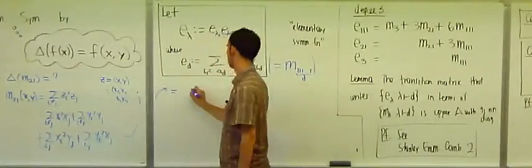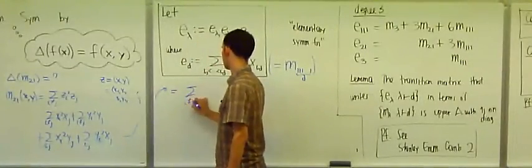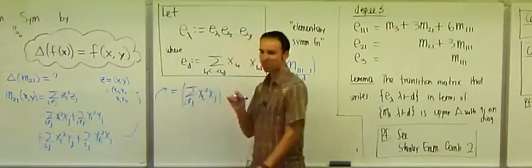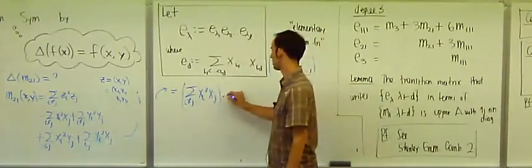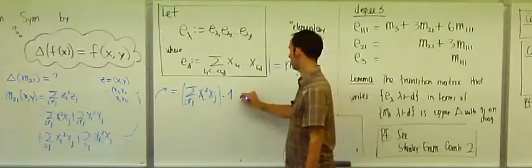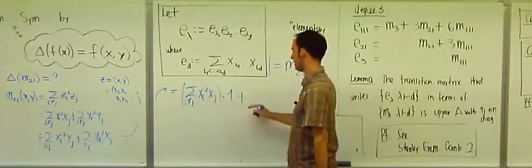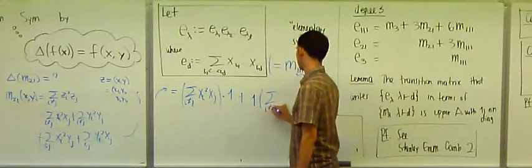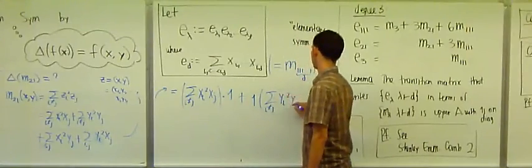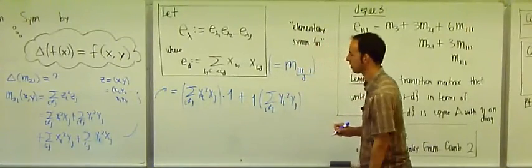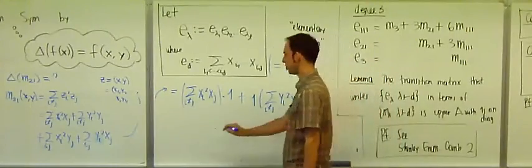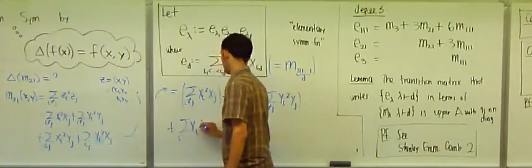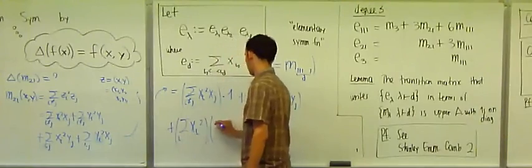I get some i different from j, xi squared xj. That's the x part, and the y part is 1. Plus. The second term has nothing in the x's, and it has this in the y's. Okay? The third term has this in the x's, and this in the y's.